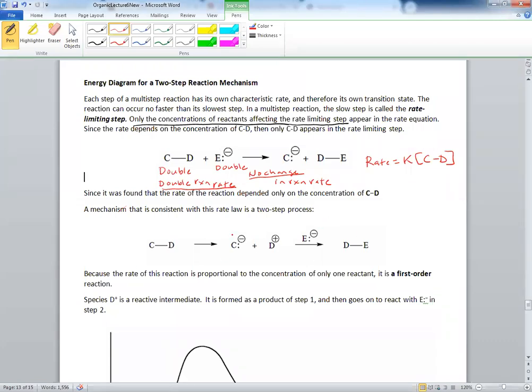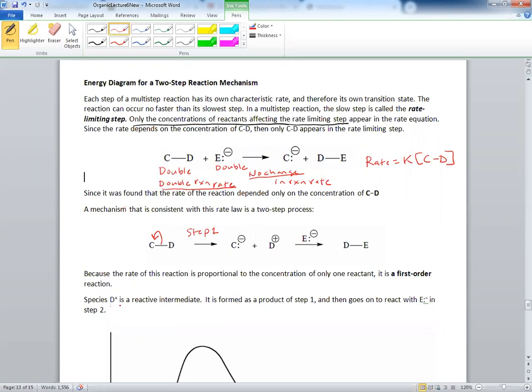So actually, this is two steps right here. The two steps are the following. This is step one. And what happens is that this is a heterolytic bond cleavage. Notice that the electrons went with C. And of course, they created a reactive intermediate.